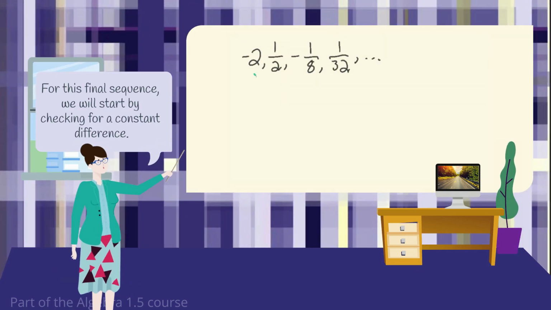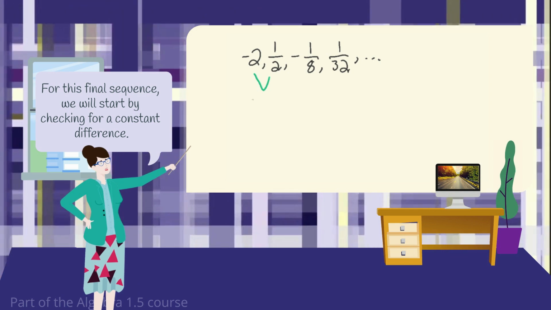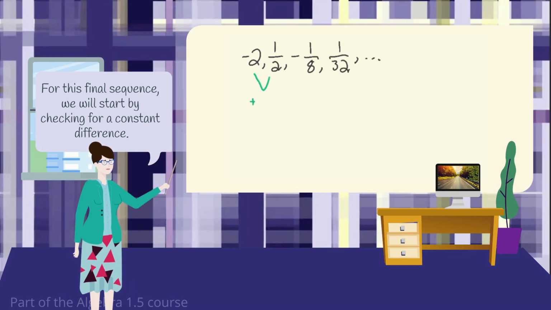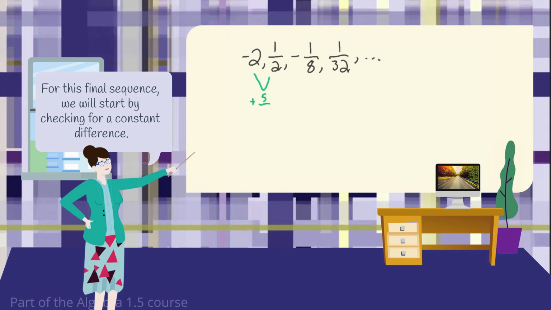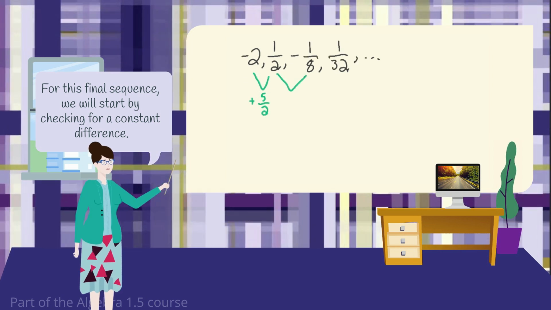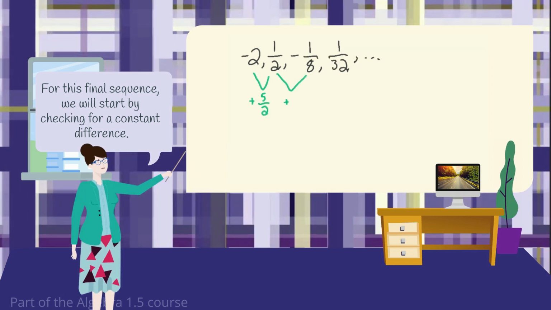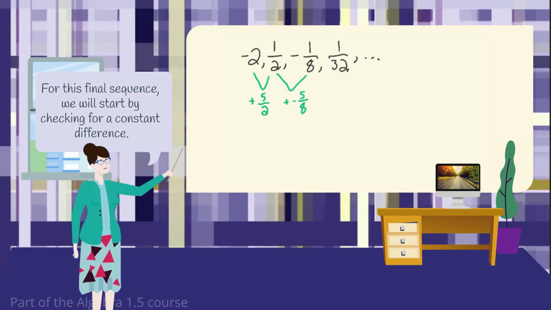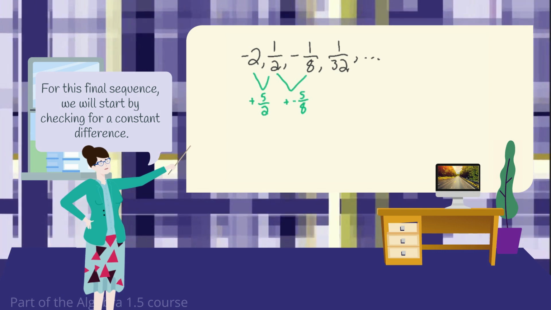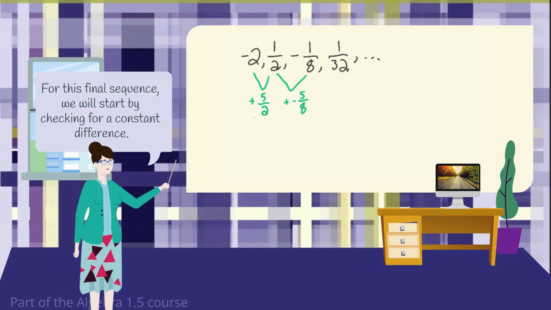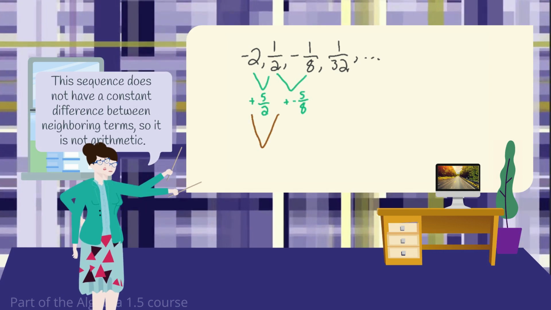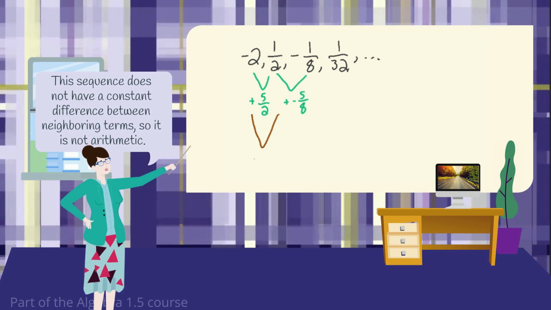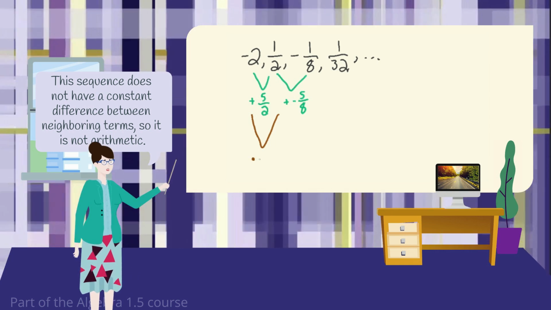For this final sequence, we will start by checking for a constant difference. This sequence does not have a constant difference between neighboring terms, so it is not arithmetic.